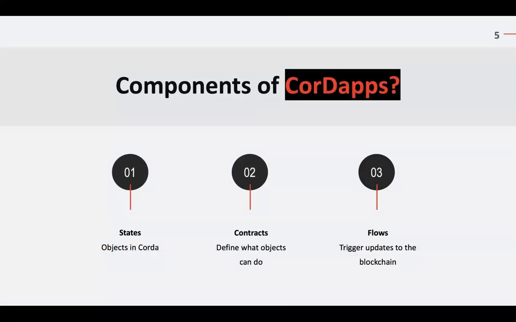So what are the components of a CorDapp? There's three main components that you want to be aware of: states, contracts, and flows. So states are exactly what they sound like, or sort of what they sound like. They're objects in Corda, meaning these are JVM compatible objects.